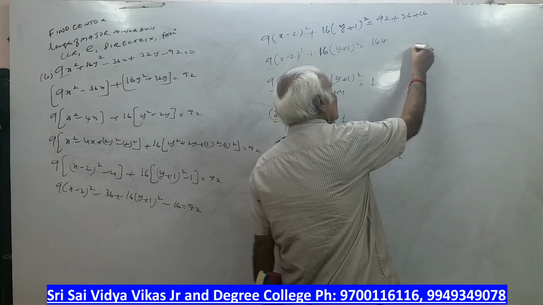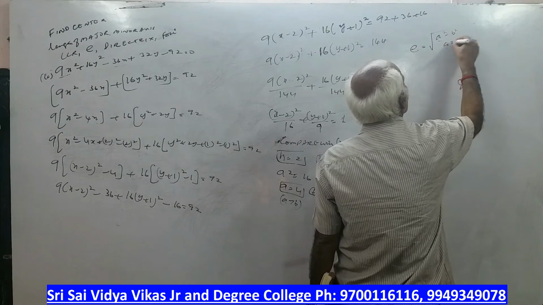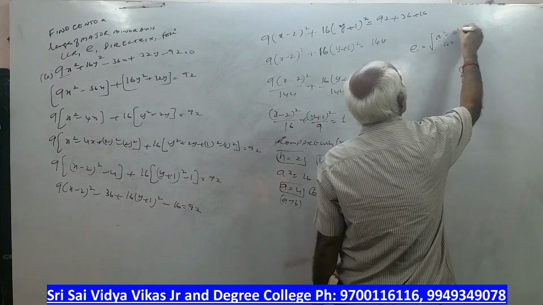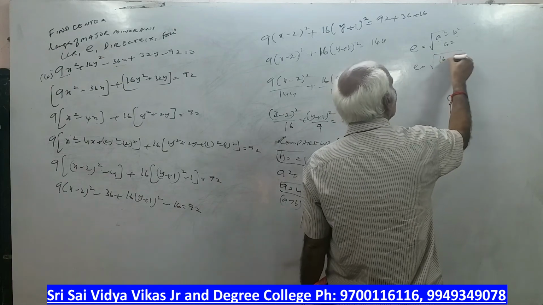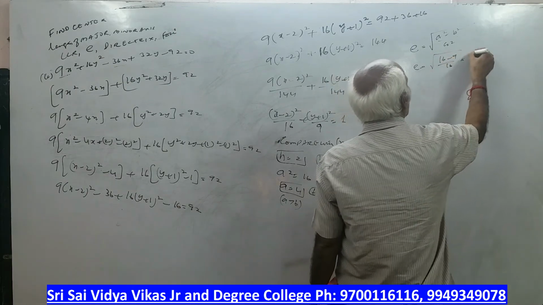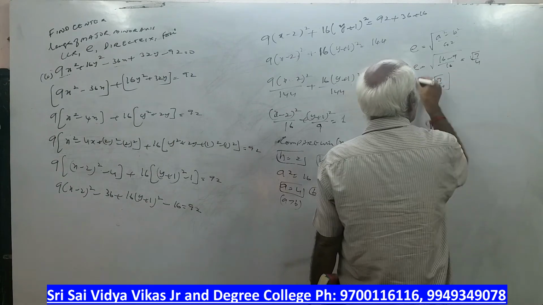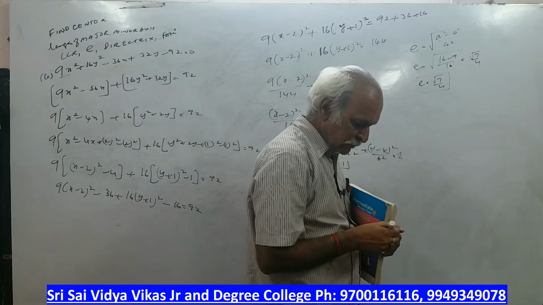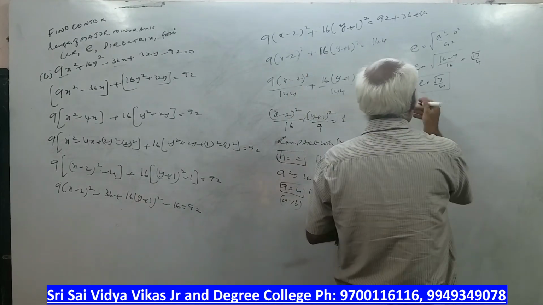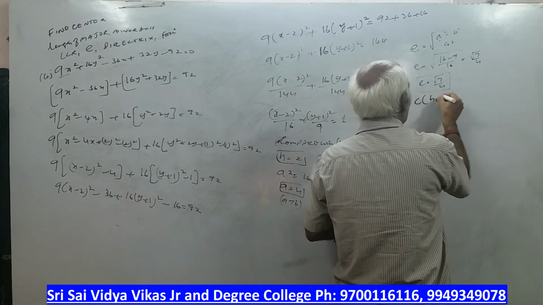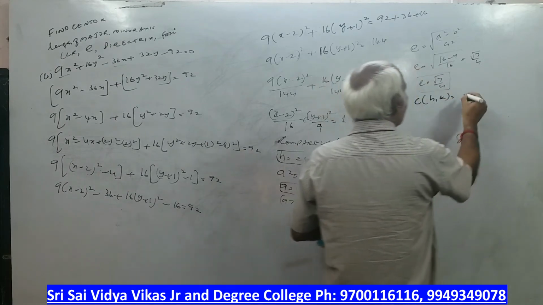First, we have to find the e formula. Every time we have to find e first. So e is equal to the square root of (a square minus b square) by a square, which is 16 minus 9 by 16, which is root 7 by 4. So we got the e value. Next, the center (h, k). What is the h value? The center is (2, minus 1).